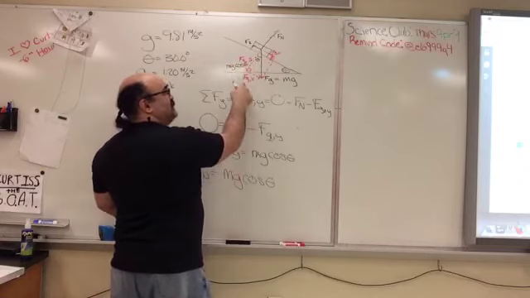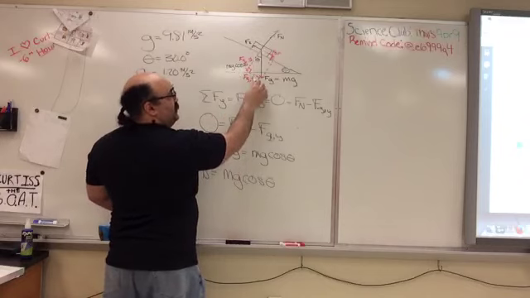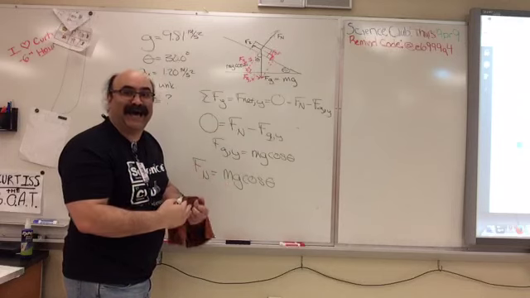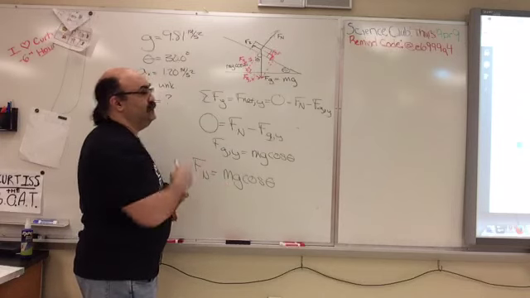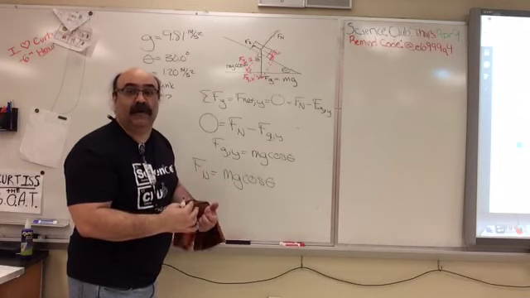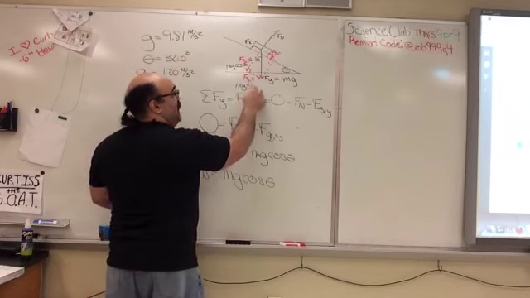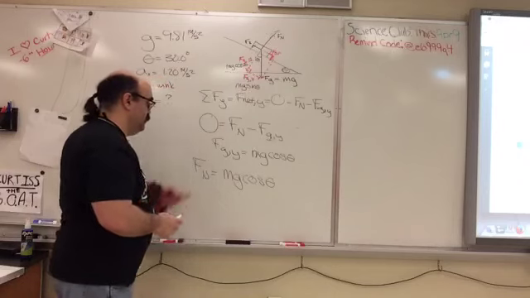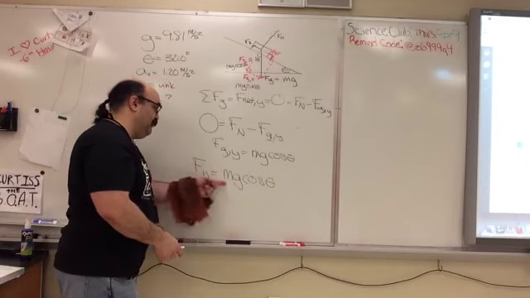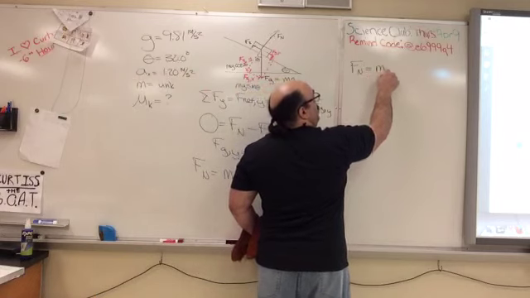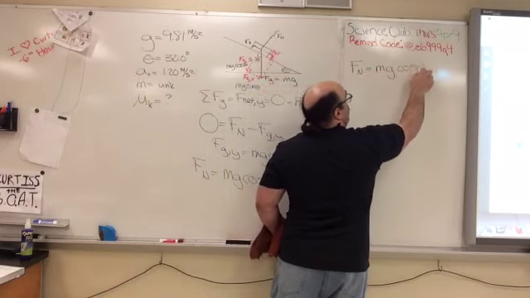That means the x component here, which is the opposite side, remember, when we're doing our trig, the opposite side is going to be the sine function. This x component here must be mg sine of theta. So, right now we know the normal force is this. So I'm going to write it over here. F sub n equals mg cosine of theta.